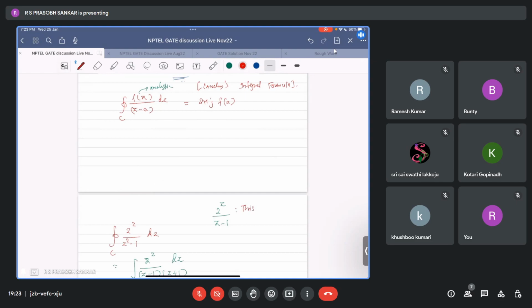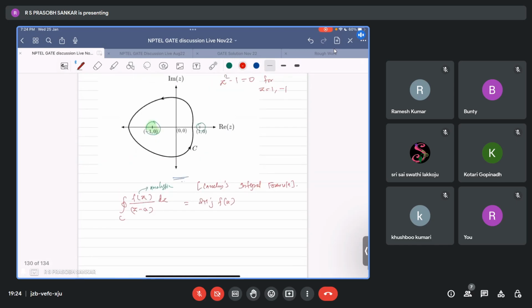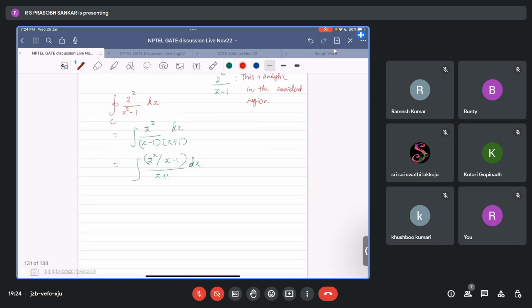Because it's a ratio of an exponential function and a linear function. Both of them are analytic, so here it's analytic. By the way, analytic means complex differentiable. So I'm going a bit fast because we discussed the same thing last week also. If something is not clear, please let me know. So this is analytic in the considered region. We only need to worry about this inside pole, minus 1, 0.